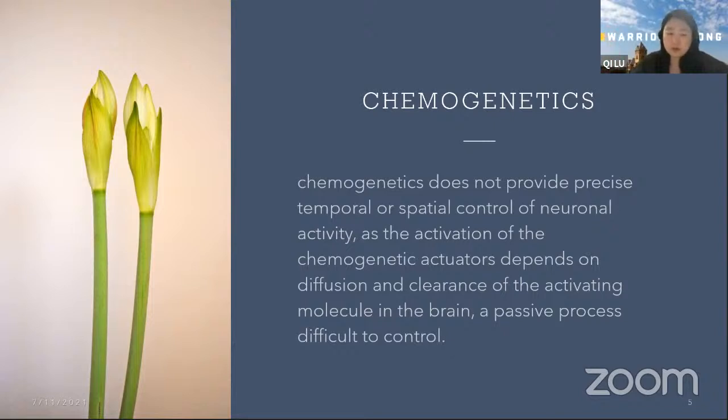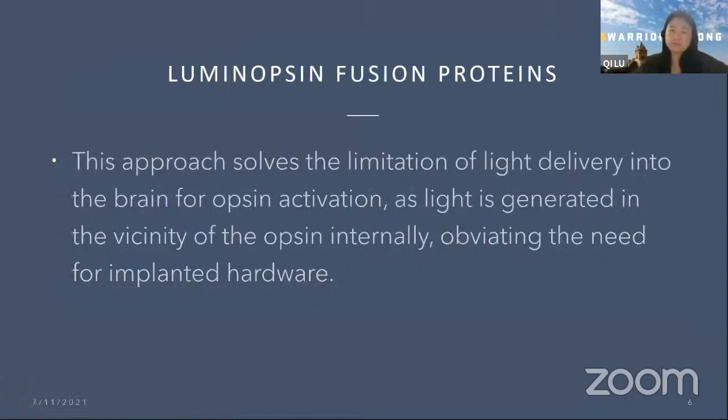But these drugs may affect several locations of the neural system, so it's very hard to precisely control spatially. Time is also another issue, as activation of a chemical actuator depends on diffusion and clearance of the activating molecule in the brain. So this whole process is very hard to control.